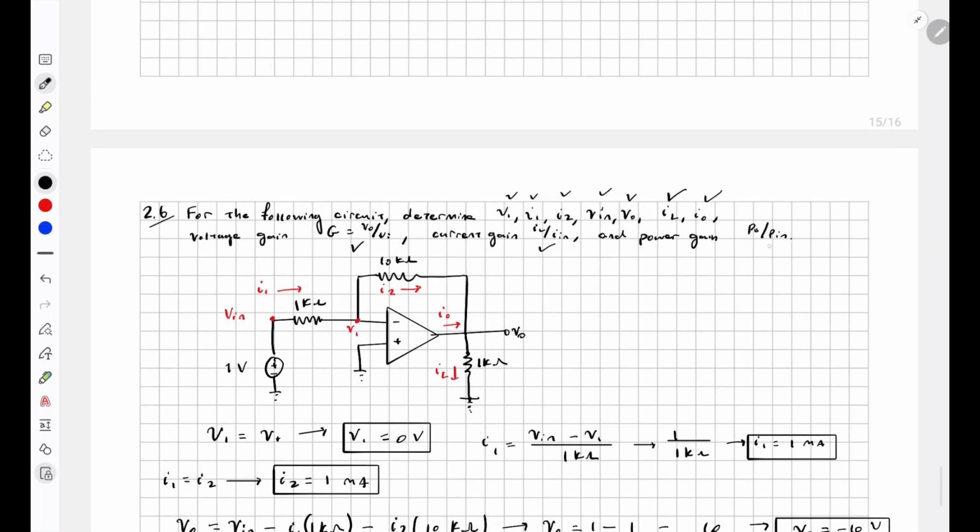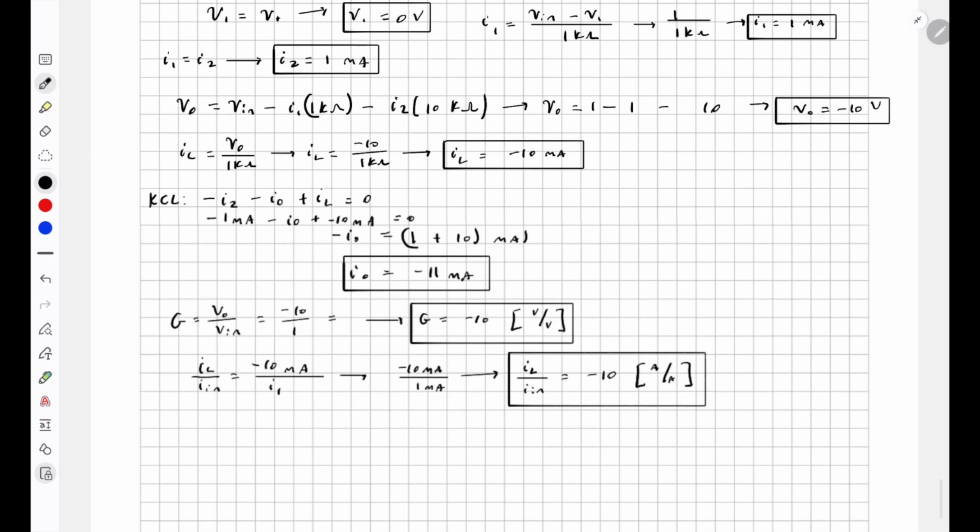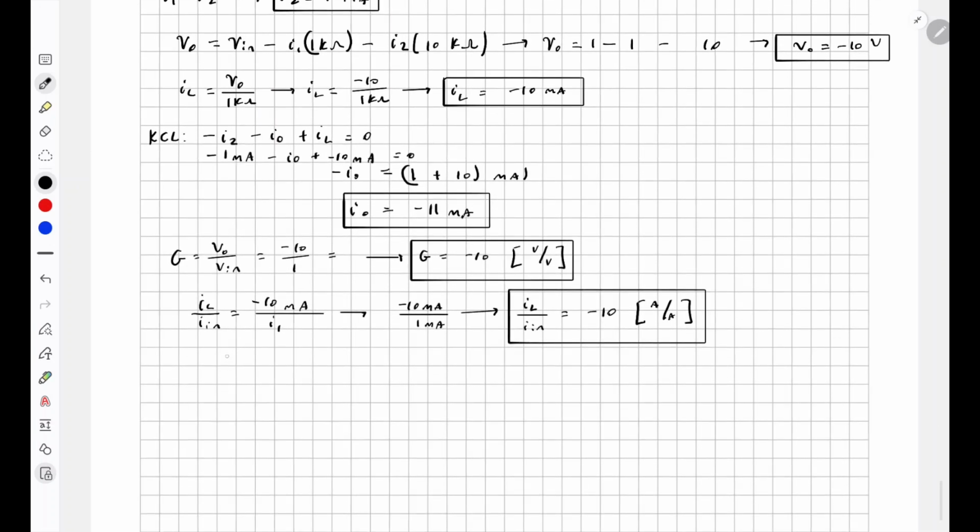Then the last thing to solve for is power gain, P out divided by P in. I guess that's also called efficiency in some cases, but this time they're calling it power gain. So you do V out times I out divided by V in times I in.